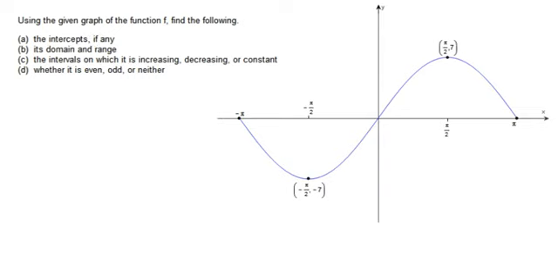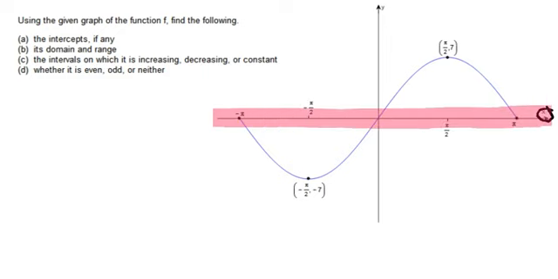So intercepts, you can have X-intercepts and Y-intercepts. An X-intercept is where the graph crosses the X-axis. This is the X-axis, the horizontal axis, which I'm highlighting. We're looking for places where the graph either crosses or touches the X-axis.